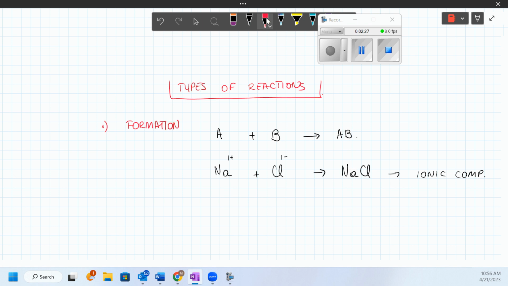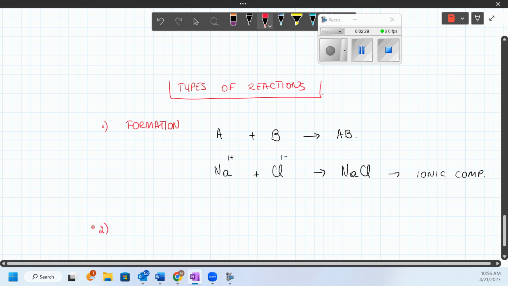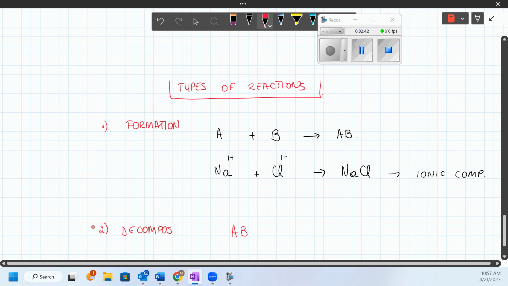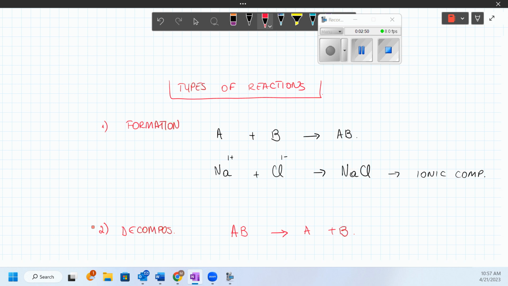The second type of reaction is decomposition. In full decomposition, the compound is broken down into its own elements. So when you see in a question that it is fully decomposed, it means that all the elements of the compound are as separate entities.